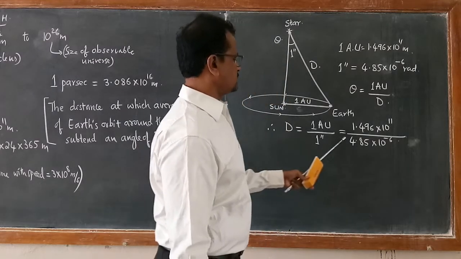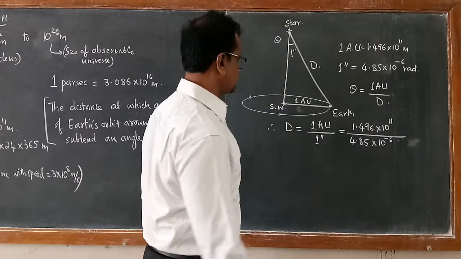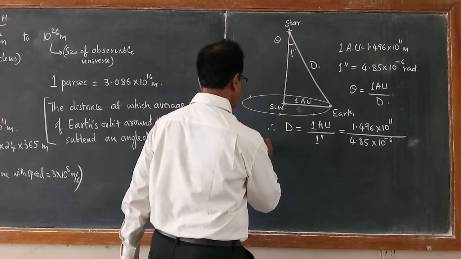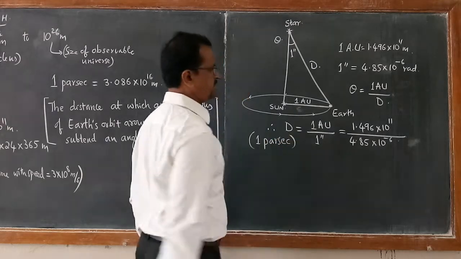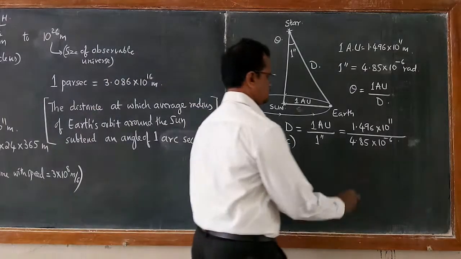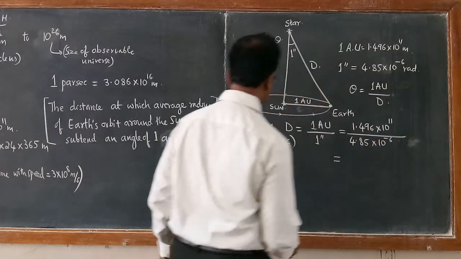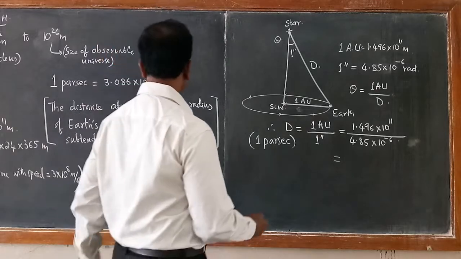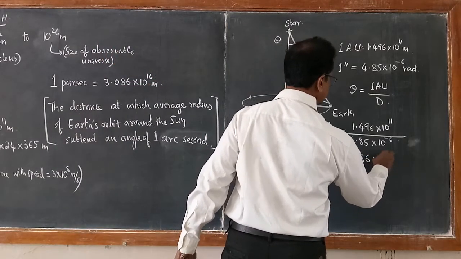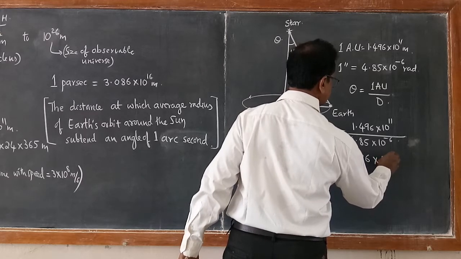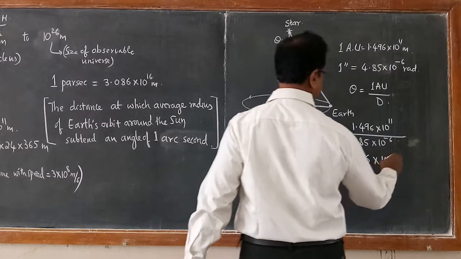So that distance is now going to be calculated in meters. So this is 1 parsec. This distance is 1 parsec. So if you calculate this, this comes out to be 3.086 into 10 raised to 16 meter.